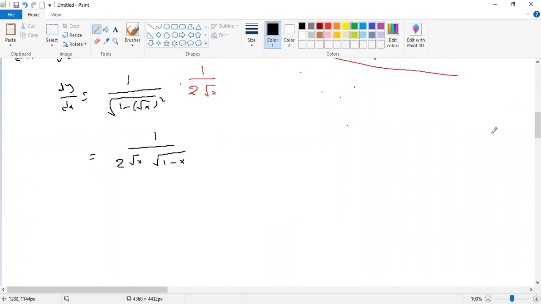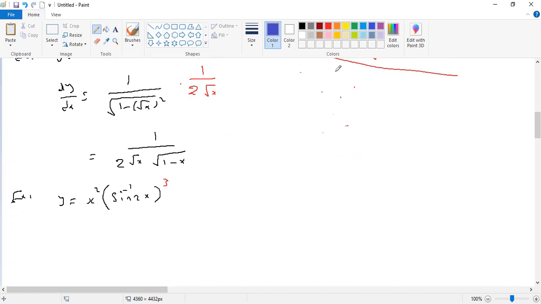Now, what if we sometimes have a product? For example, let's say y equal to the product x squared multiplied by sine inverse of 2x, and let's say the power here is 3, for example, power 3. So now what is the derivative of this? I have to use the product rule.